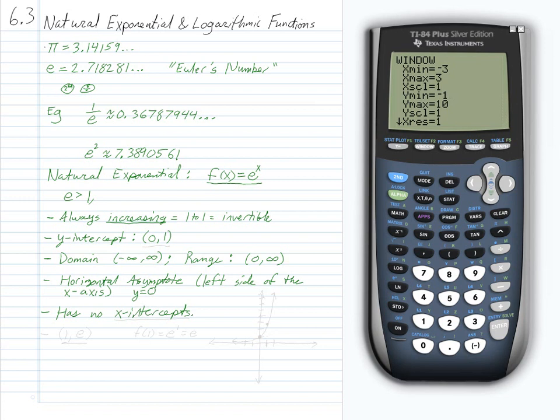This is not something we've stressed in the past, but if I wanted to arrive at an accurate graph of this function, it would also be worth noting that this function contains the point (1, e). In other words, if we input an x value of 1, we would get e to the first, which is e.